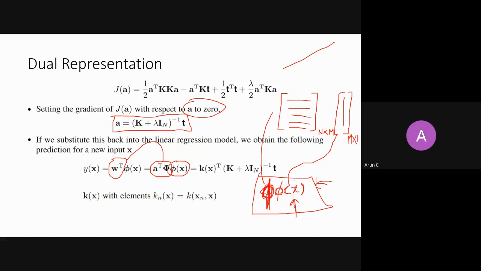This vector which I got, n into 1, each component has some meaning, right? What am I doing? It is nothing but a dot product of every sample with the prediction point. This is the first entry in the output.